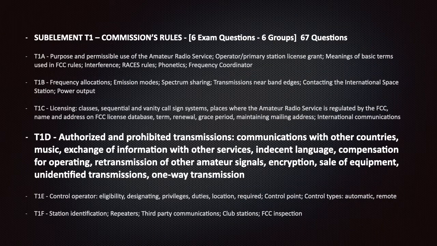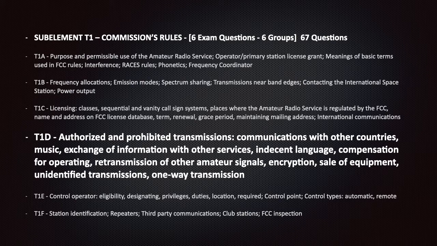The Subelement T1 section covers the Commission's rules from the Federal Communications Commission, or FCC. 6 exam questions will be randomly selected from Subelement T1. The Commission's rules are divided into 6 groups with a total of 67 questions.